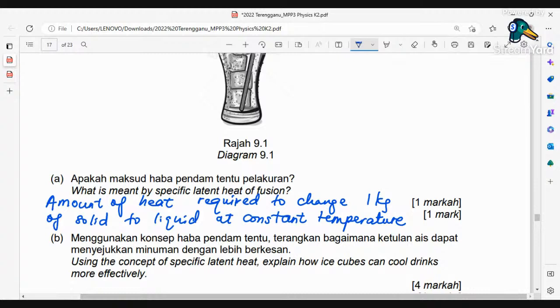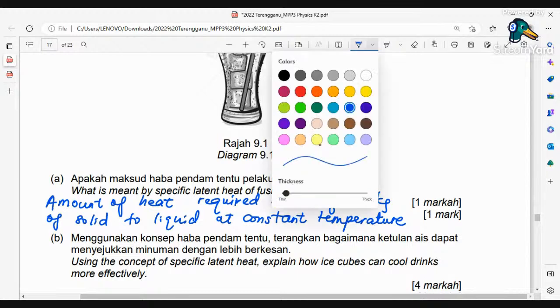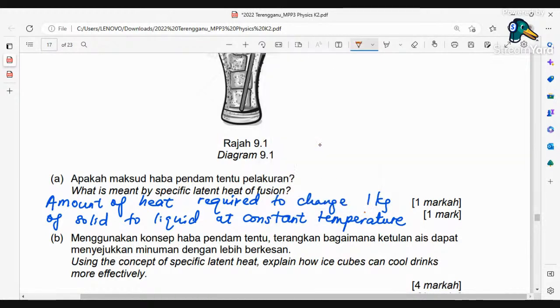Okay. For freezing or melting, we use latent heat of fusion. So you need to memorize, very important here, you must take 1 kg of substance, solid to liquid, at constant temperature.